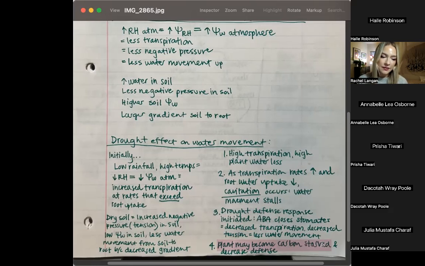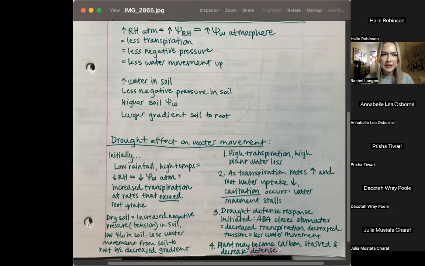If you're not getting enough ATP, maybe you don't have enough energy to synthesize defense responses, to activate the defense genes. So another effect of drought is decreased defense against herbivory. So those are the three hypotheses: the cavitation effect, the carbon starvation effect, and increased insect mortality.